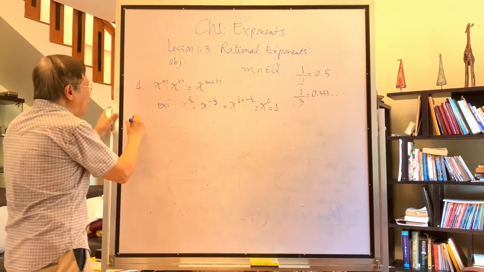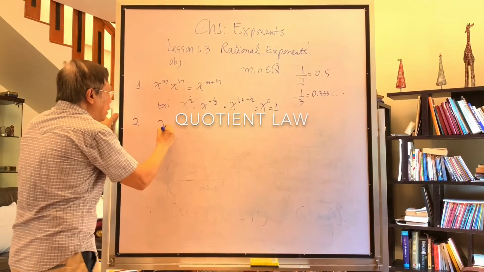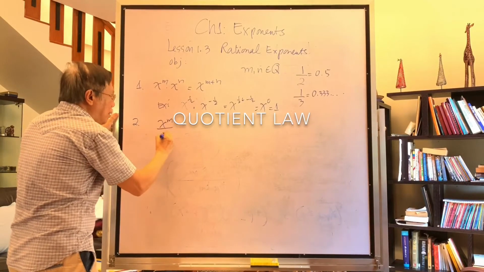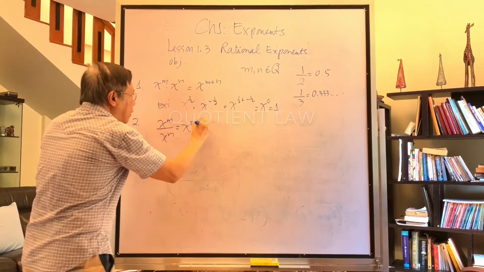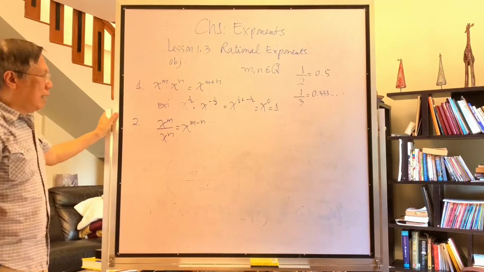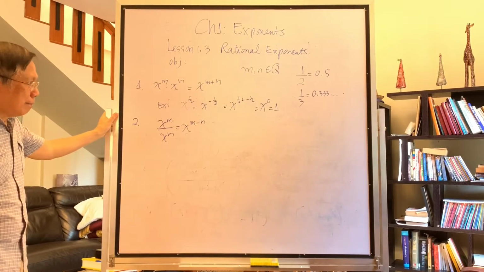Then the next law that we had was the quotient law, x to the m over x to the n. And what we did here was just to subtract, x to the m minus n.